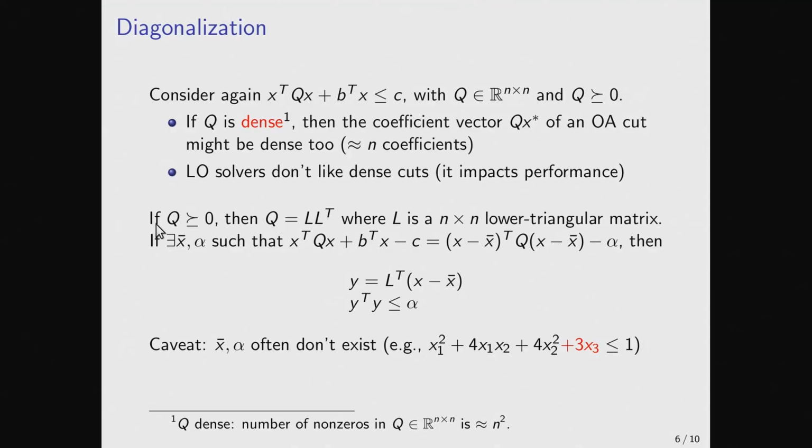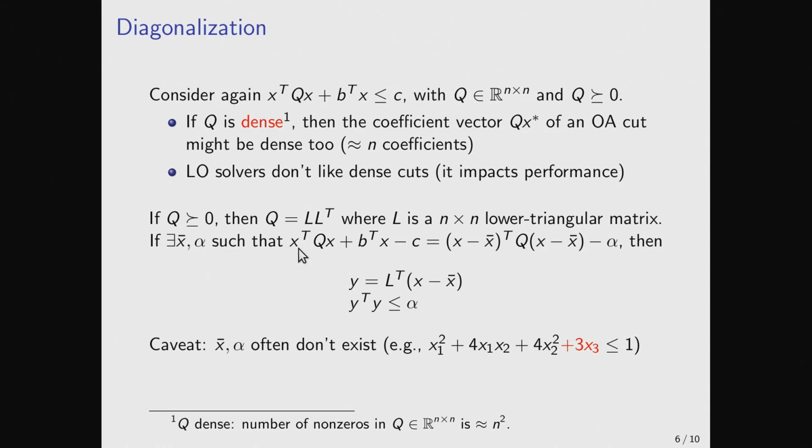If Q is positive semi-definite, you could decompose it. You could do an LDL, a Cholesky decomposition, so you get Q as the product of two matrices, L and L transpose, where L is lower triangular. You have to be careful doing these things because there are all sorts of numerical problems hiding in there, but there are robust enough methods to do so.